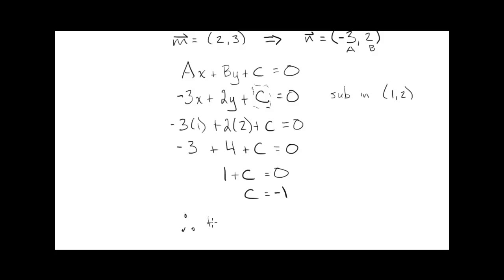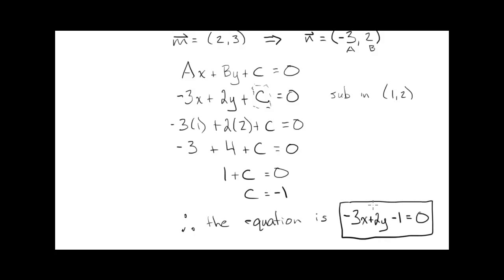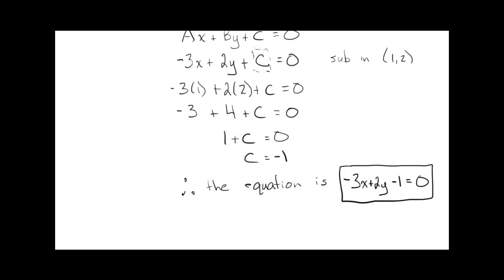Therefore, the equation is, what would this be now? Negative 3x plus 2y plus c, which is negative 1, is equal to 0. So that's your Cartesian or scalar equation.